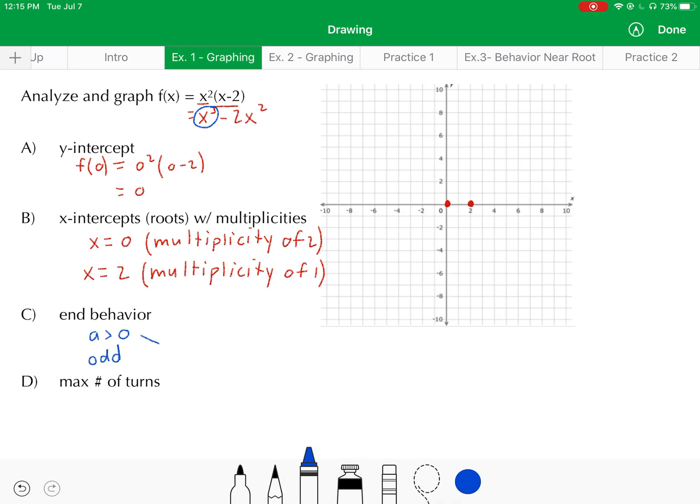So based on those two pieces of info, I can tell you that as x approaches positive infinity, f of x should be approaching positive infinity. And then as x approaches negative infinity, f of x approaches negative infinity. So basically that's stating that the left side of the curve should be heading downward and the right side of the curve should be heading upward, okay?